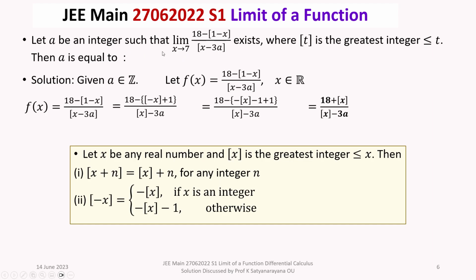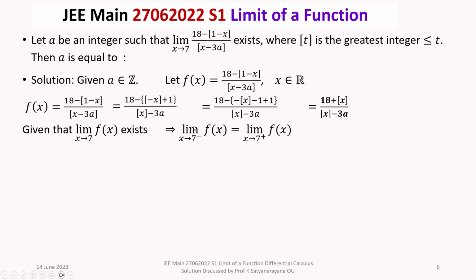Now it is given that the limit as x tends to 7 of this function exists. What do you mean by that? That is, the left hand limit and right hand limit of this function exist and they are equal. So, given that the limit as x tends to 7 of f of x exists, it implies the left hand limit is equal to the right hand limit.